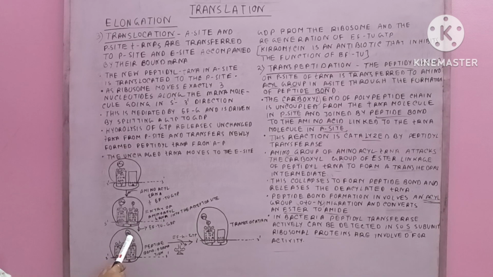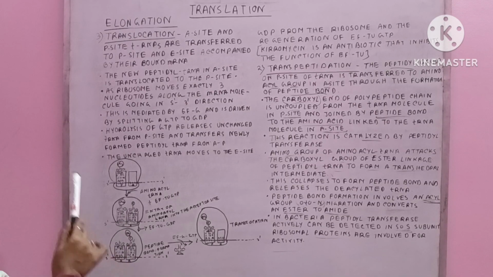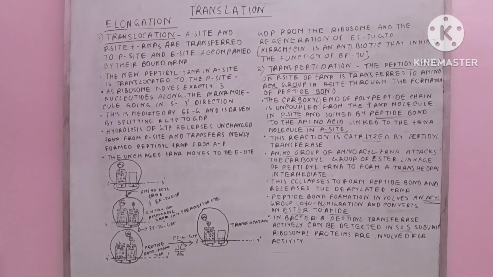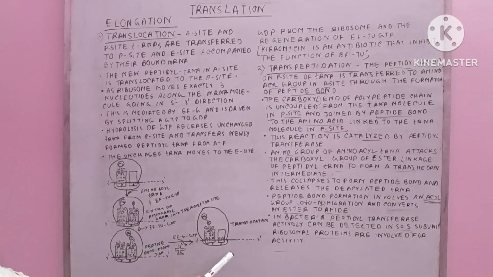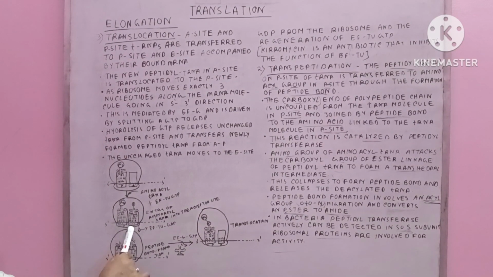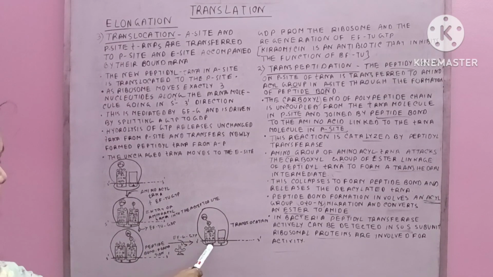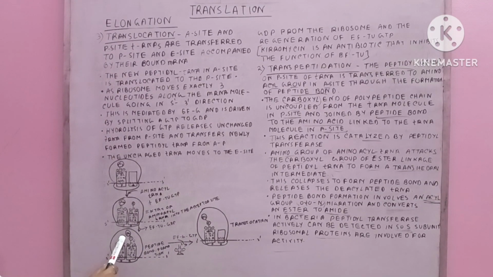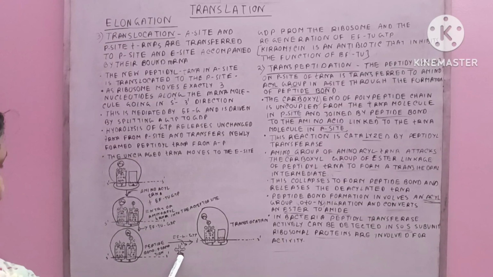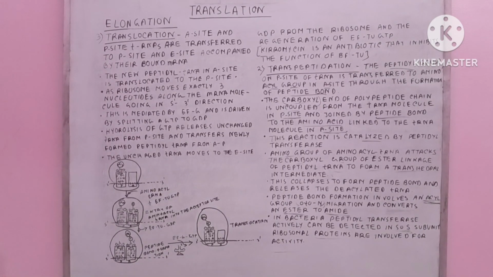The F-mate forms the peptide bond with that group. Clear? And in the last step, the peptide bond already formed at the A site is translocated to the P site. So what happened to this unchanged tRNA? It is released, and this is released by EF-G GTP.